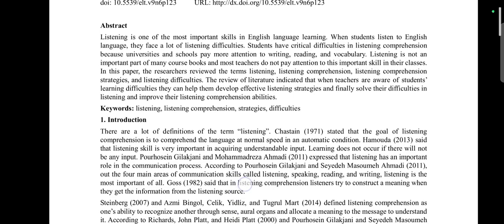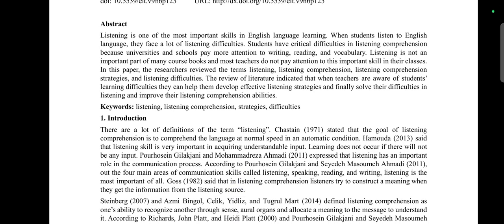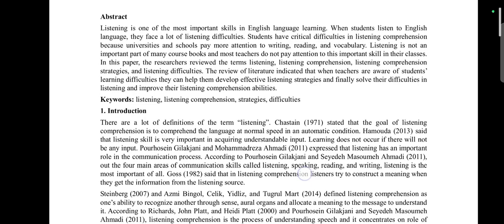Here you can see the introduction is based on the purpose of listening as a term. It is being introduced here, and you can see that the proof of the particular introduction is being claimed from a certain author. That is why it was written as Chastain.